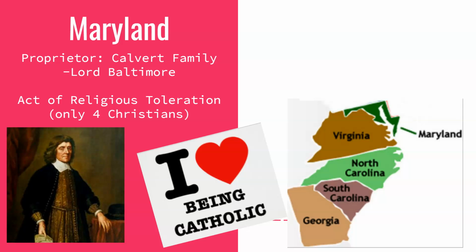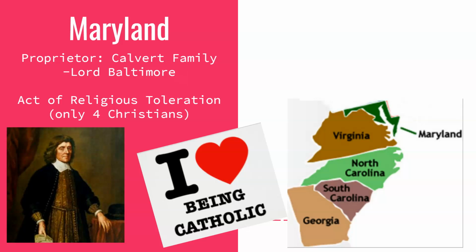It's not a joint stock company, but in Maryland, it's a family. So the Calvert family more or less can run Maryland as they see fit. The head of the Calvert family is Lord Baltimore. Hashtag Baltimore, Maryland. Okay, so it's a proprietorship. It was gifted to the Calvert family.